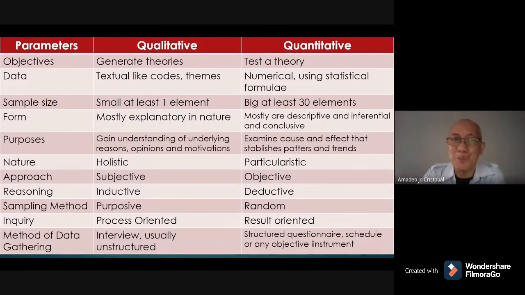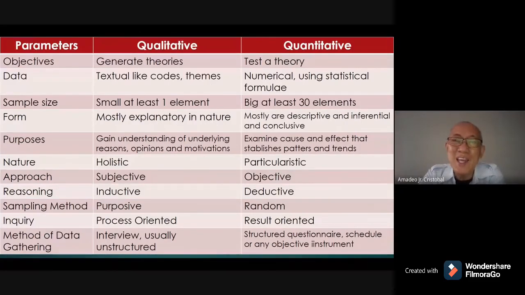That is about purposing. If your purpose is, of course, to look into the performance of the president, then of course you make the president your participant. But in a quantitative, it is more random. Anybody can join.